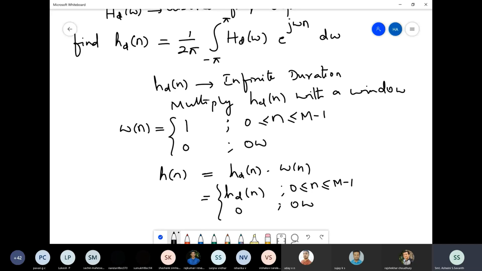Now to do the analysis in the frequency domain, what is it that we have to observe, or why is it needed?